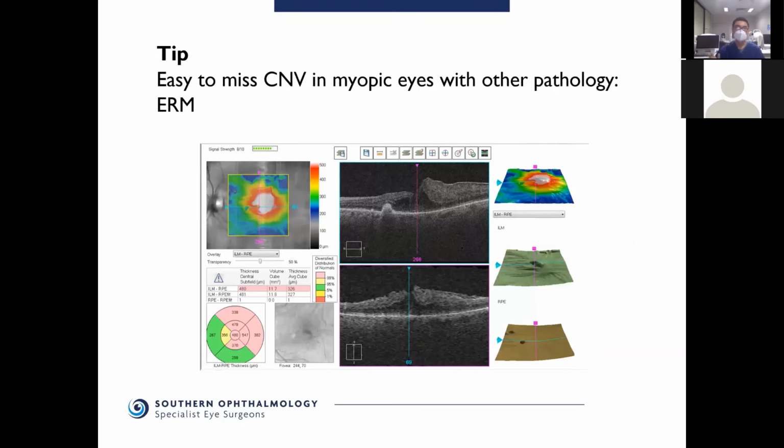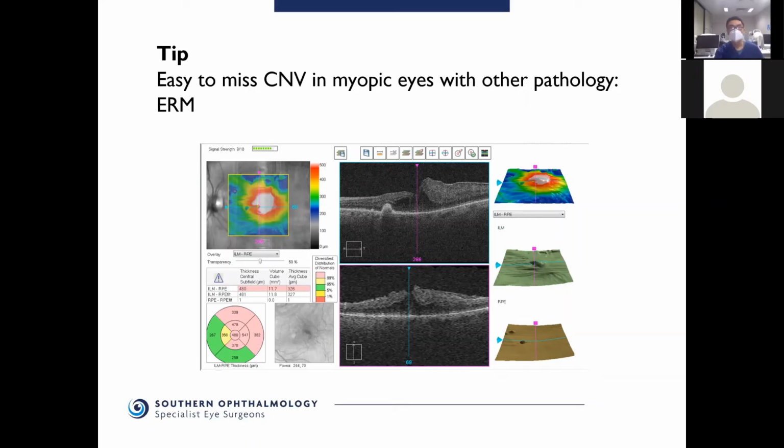My next tip with myopes is that they often have a lot of macular pathology, and it's easy to miss choroidal neovascularization. So in this example, you've got a patient with significant ERM that's distorting the anatomy of the macula. But in addition, the patient actually has choroidal neovascularization there.